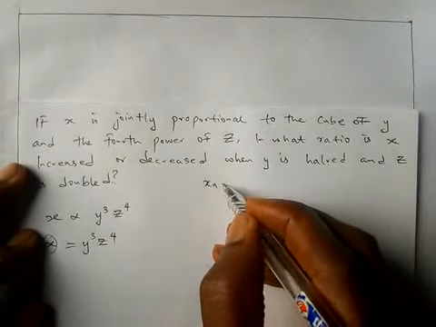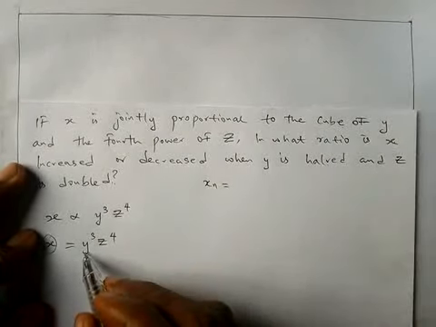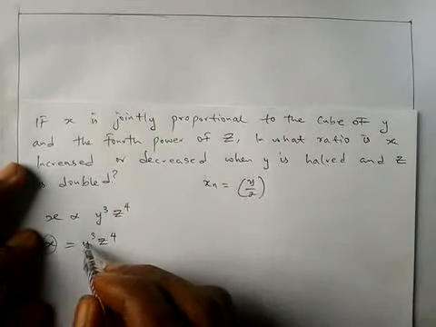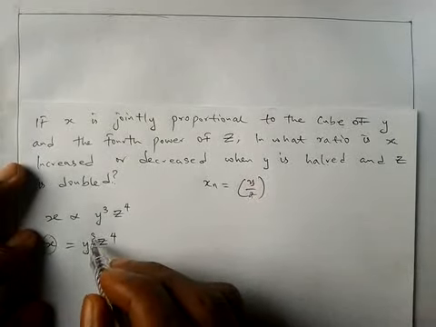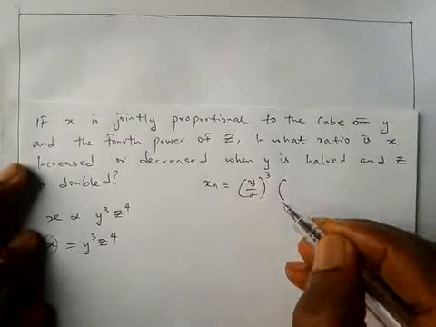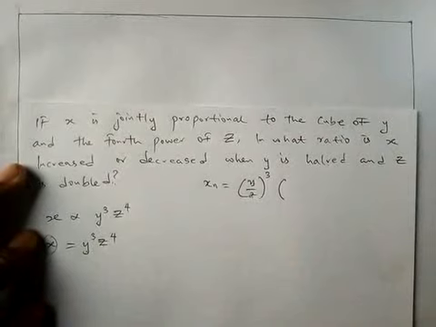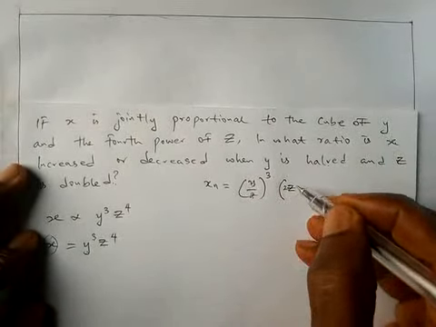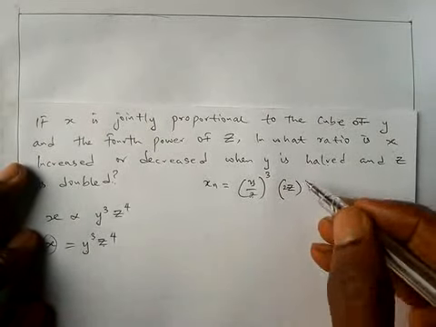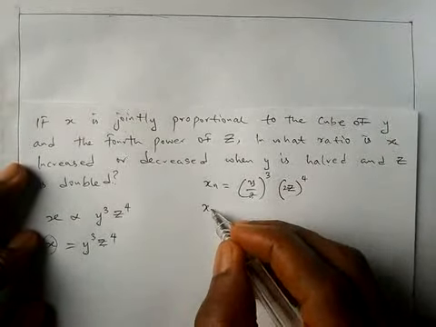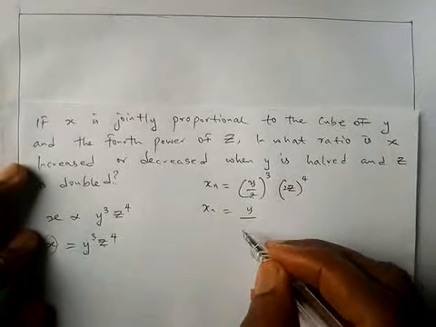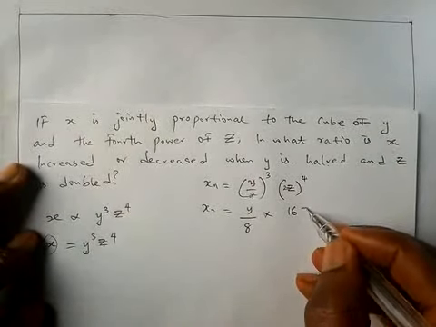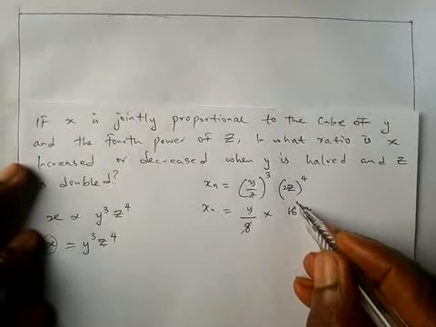So the new S, such that when you halve y, y is now y over 2 raised to power 3. Then z is doubled, so z is now 2z raised to power 4. So the new S will now be y over 8 times 16z. This cancels, we're left with 2.